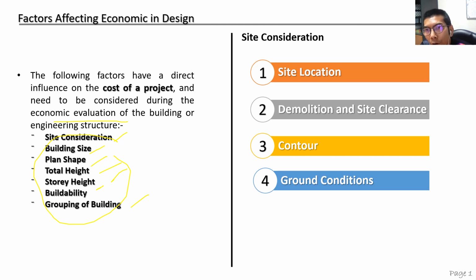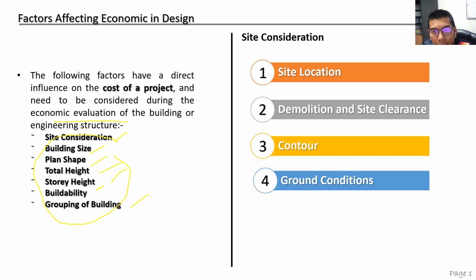If you are involved in a location with a lot of rocks, batu, perhaps a lot of work needs to be done for the ground condition. If the type of soil is very weak, you need to do the soil stabilization process. That also plays a part and will influence the cost of the project as well.